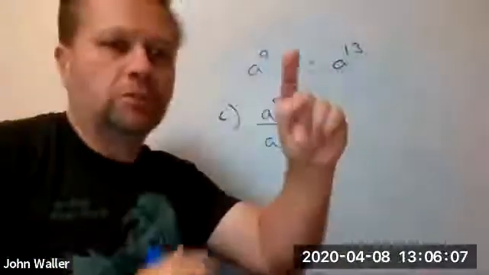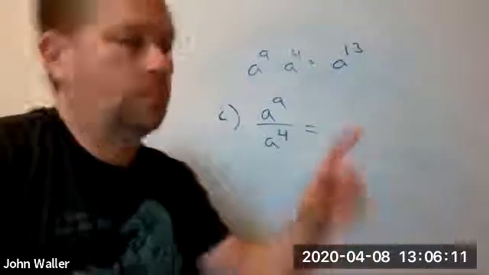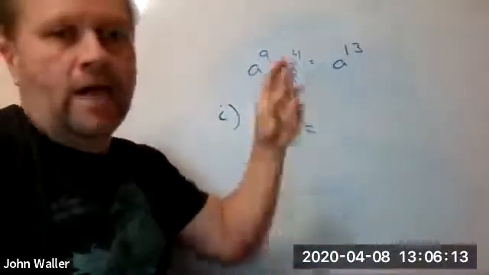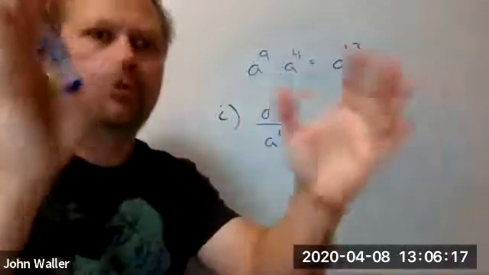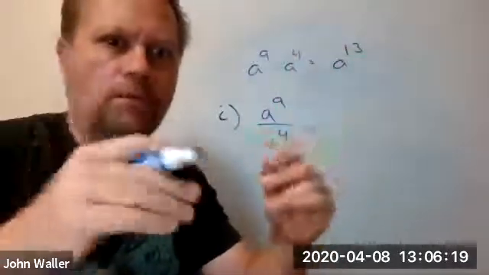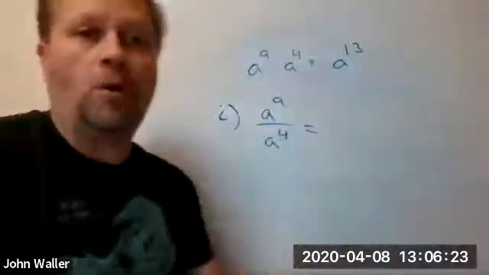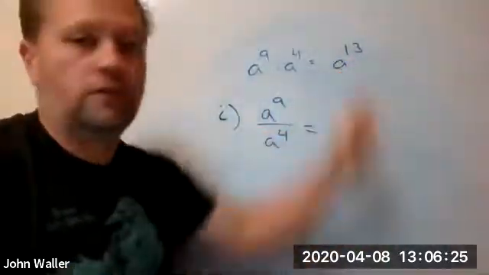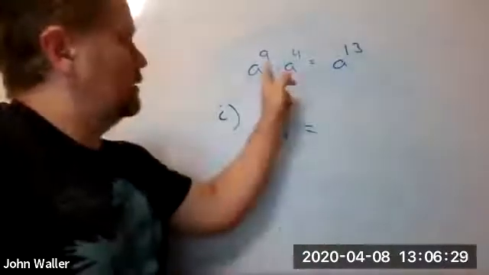So when I multiply like bases, the base of each of these is a. I add the powers. What physical, everyday, real world thing does that relate to? If I got a string of 9 and I string 4 more, then of course I got a string of 13, right? I always see this as a string.